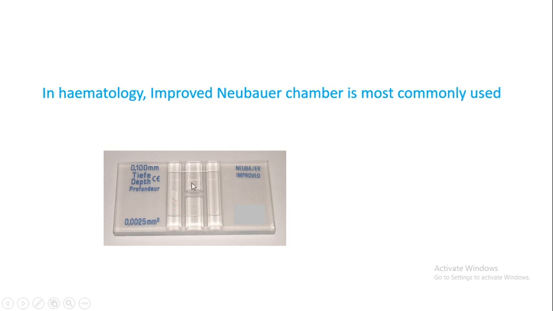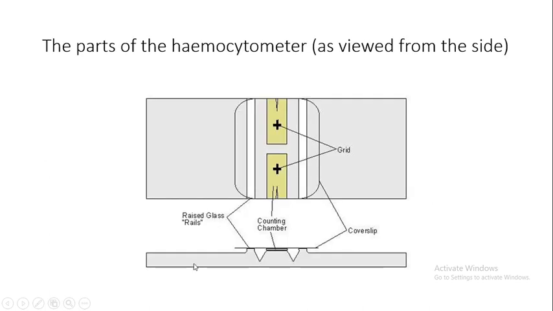This area is known as the ruled area or the counting grids. The central platform is 0.1 mm lower than the lateral platforms. Whenever we place the cover glass on this central part, the depth of the chamber becomes 0.1 mm.